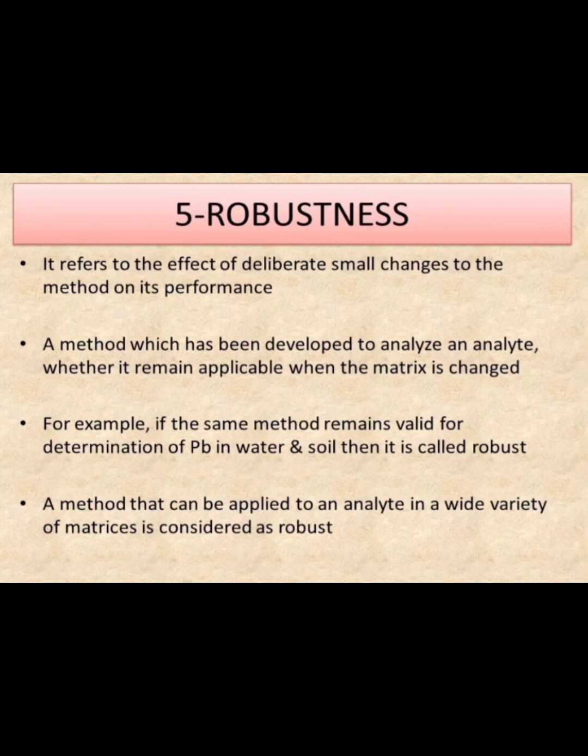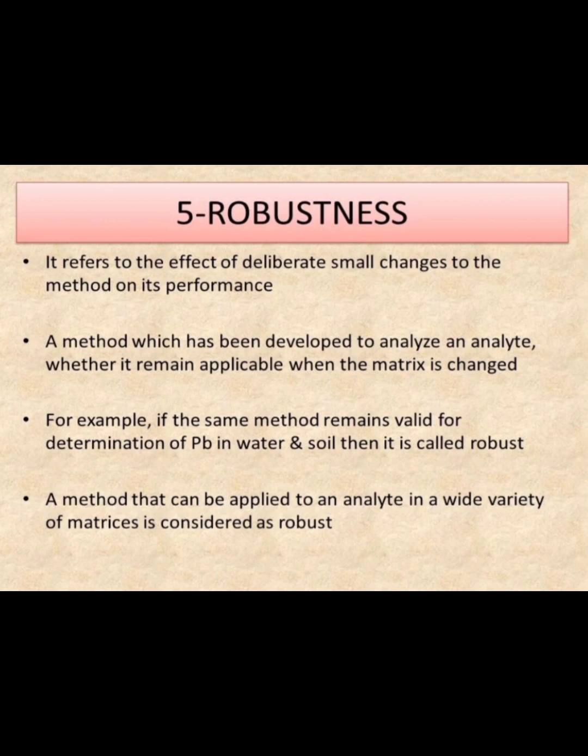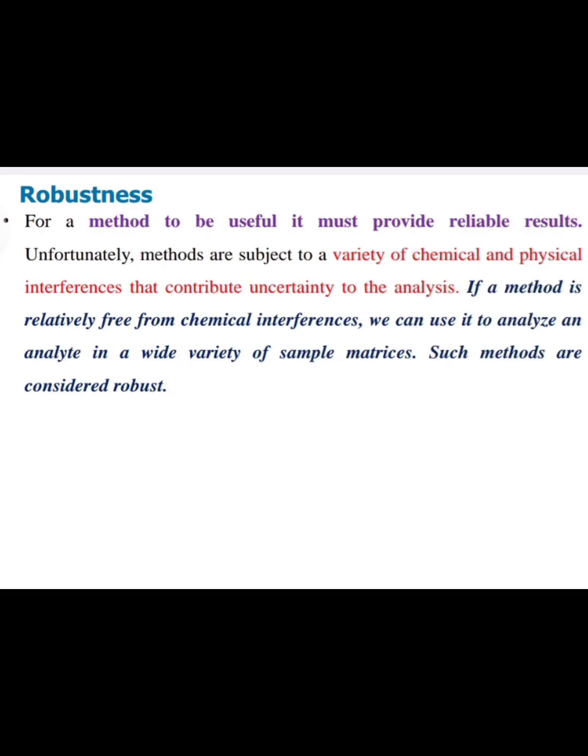For example, if the same method remains valid for determination of Pb in water and soil, then it is called robust. A method that can be applied to an analyte in a wide variety of matrices is considered robust. This other slide is also about robustness.